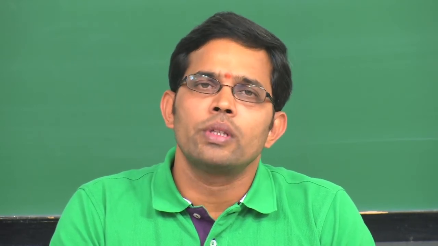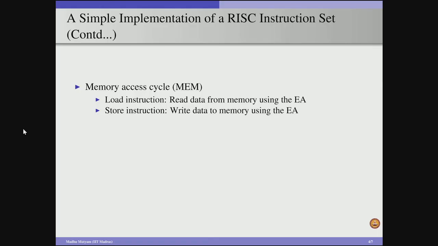Once we have an effective address, in the next stage we are going to the memory and then perform the actual operation, and that is called the memory access cycle. In the case of a load instruction, we go to the memory and access an appropriate location specified by our effective address and read the content, whereas in the case of a store instruction, we go to the memory and write the contents, whatever is specified in our instruction, to the effective address location in the memory.